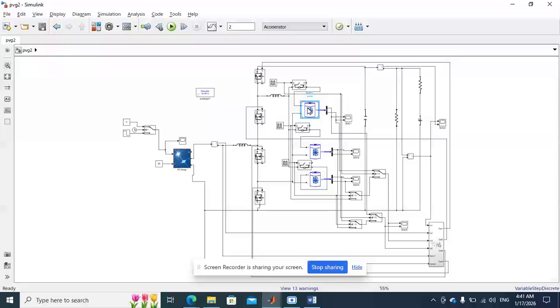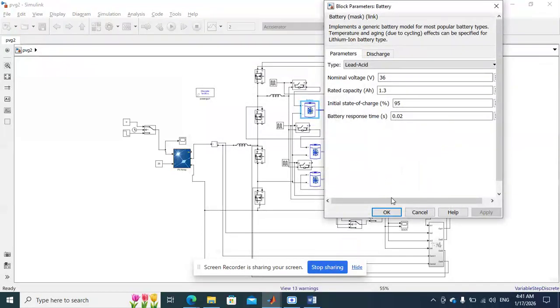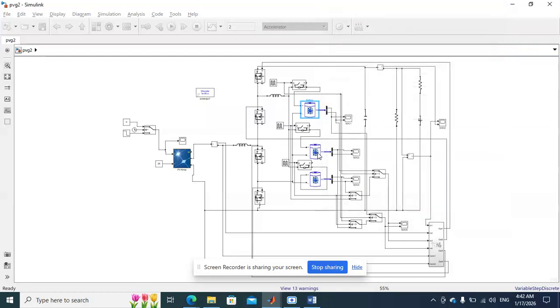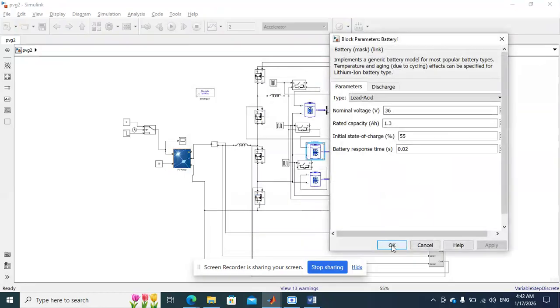Here I have connected the battery of 95% SOC from 0 to 0.33 second. From 0.33 to 0.66 second, the battery of 55% SOC is connected. After 0.66 seconds to 1 second, the battery of 20% is connected. So these three batteries will be connected alternately for each 0.33 second.